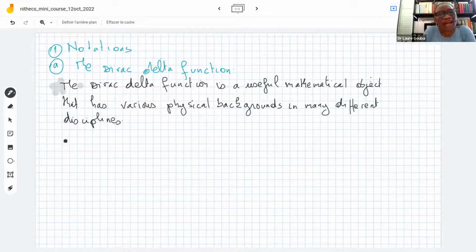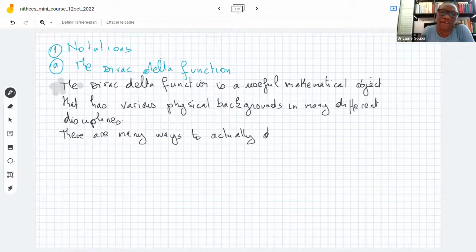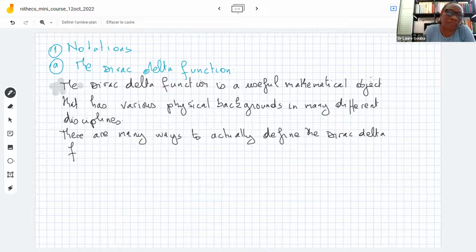Okay. And there are many ways to actually define the Dirac delta function. We choose, for instance, the following.